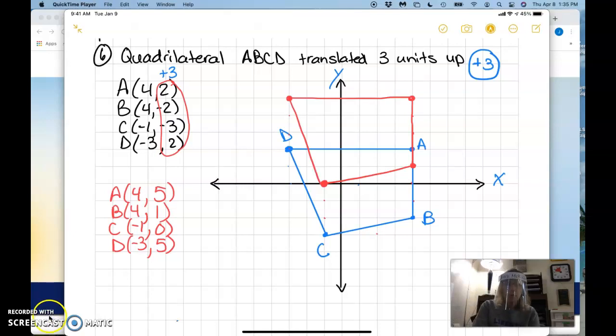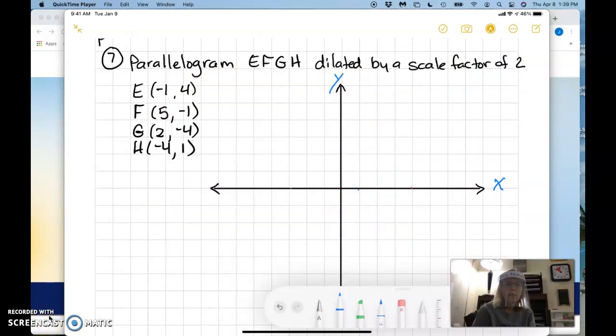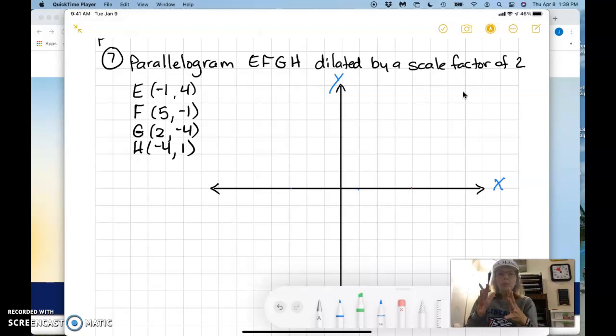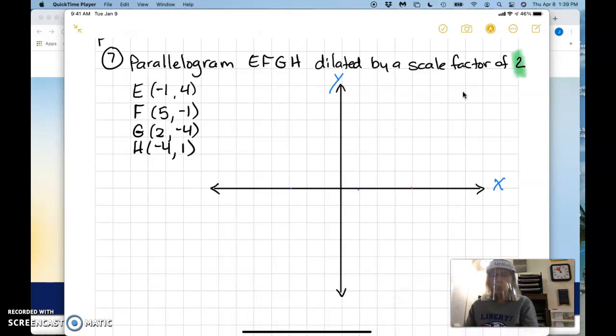And there we go. So this one says it's a parallelogram EFGH dilated by a scale factor of 2. Now, there's 2 types of scale factors that you're going to see. Remember, dilate means to do what? Look back at your notes. So dilate means to enlarge it, make it bigger, or reduce it, make it smaller. You'll know if you're going to make it bigger because it will be a whole number, like 2.